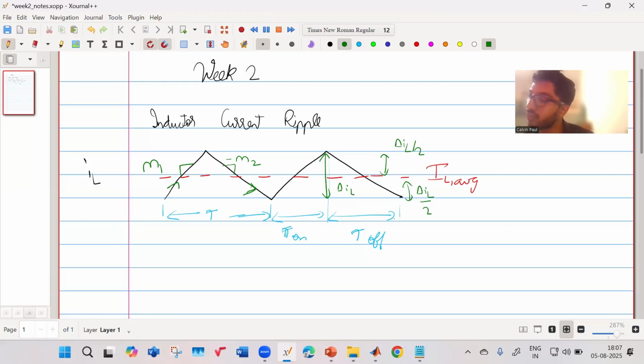This is true for your buck converter, for your boost converter, etc. Only your M1, M2 will change, your time will change, your voltage gain expression will change. But this is how the inductor current waveform looks, and this is how the current ripple is there for the inductor current. Okay. So any doubts till this part?